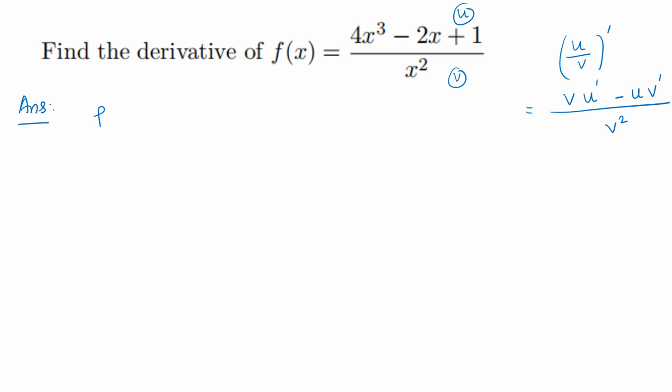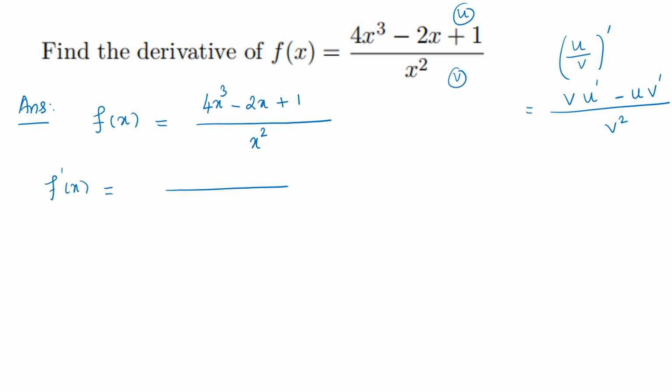What is a given function? f(x) equal to 4x cubed minus 2x plus 1 by x square. So what is f dash of x? Equal to, using the quotient rule, big line, this x square, this is our v, but in the rule you have to see it is v square, so x square or this square.